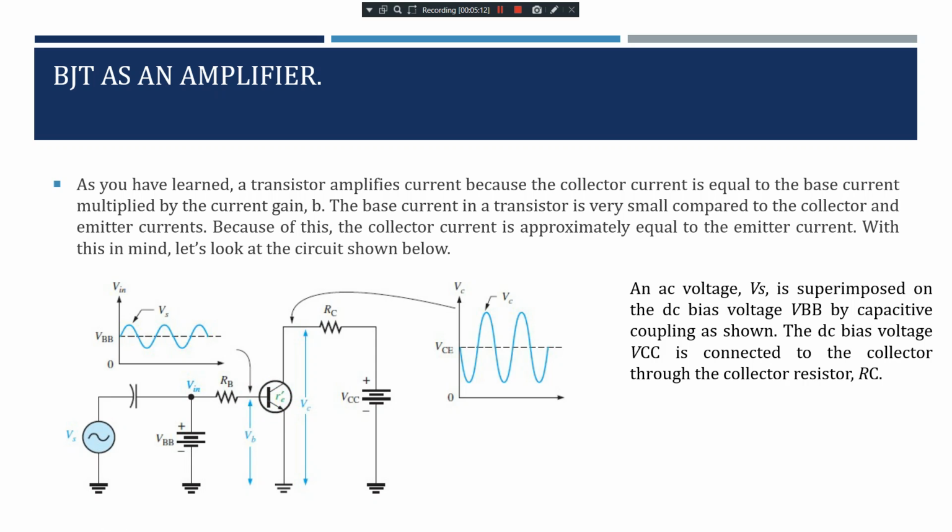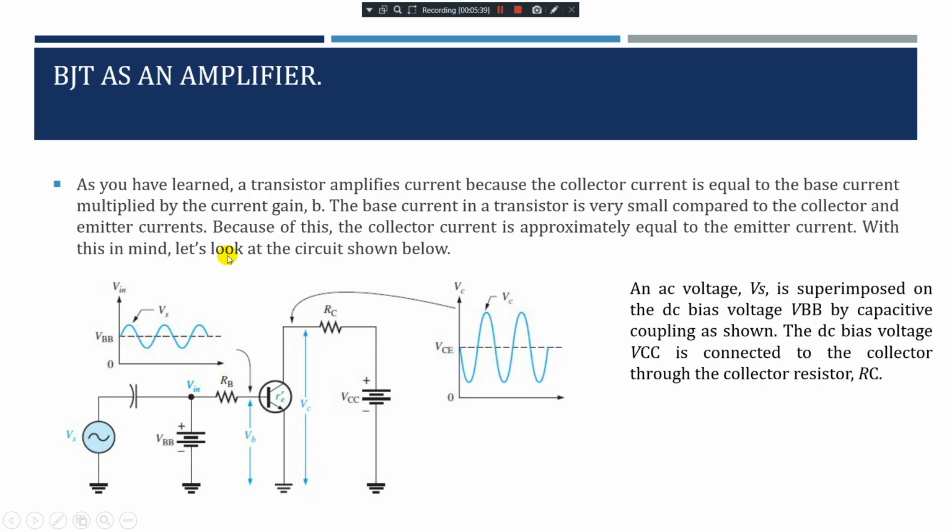I'll come back to what that saturation region is. Because of this, the collector current is approximately equal to the emitter current. As you can see here, IC is approximately equal to IE, because IB is very small, which we can call negligible.